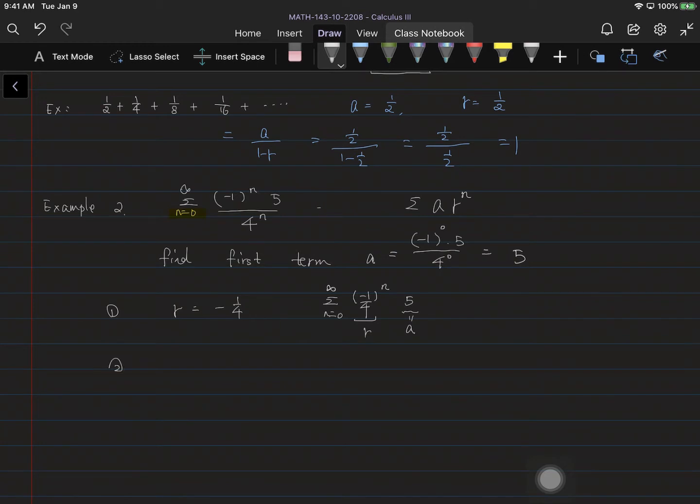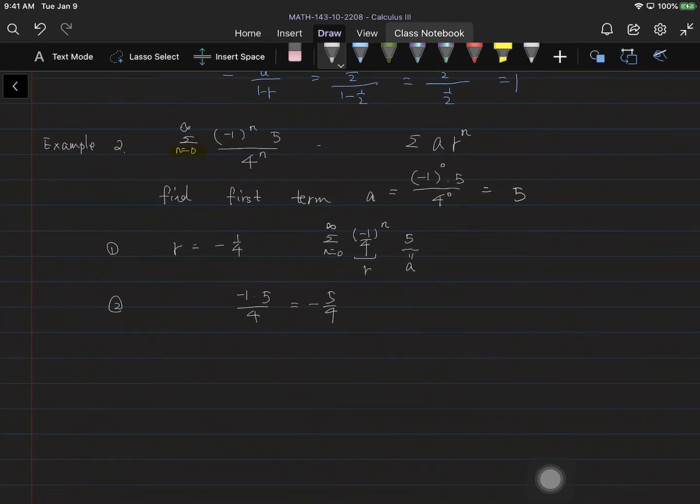The second way to find R, you can write out your next term. So when N equals 1, your next term will be -1 times 5 over 4, so -5 over 4 is your next term. So your series will be 5 minus 5 over 4 plus whatever.